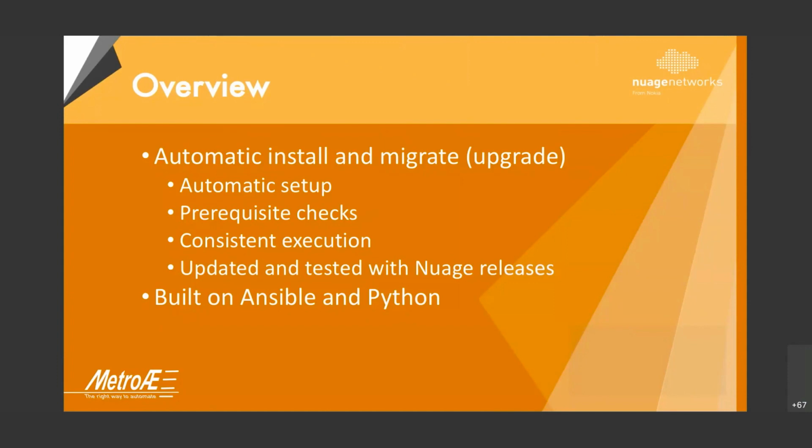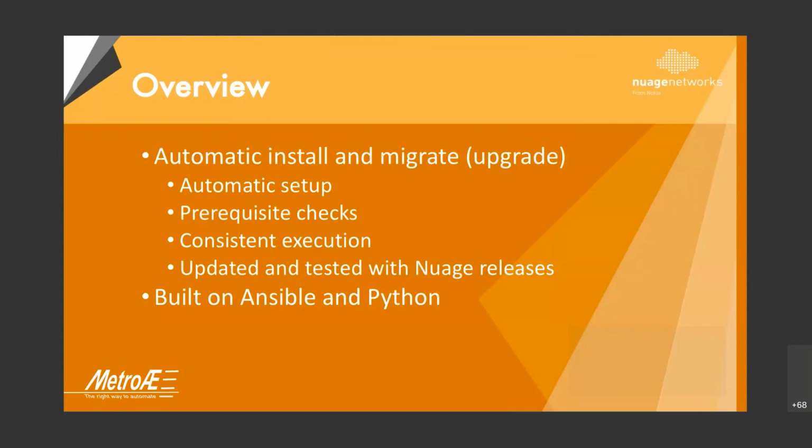By using Ansible and Python under the covers, we provide you with a consistent execution environment, and that means it's going to behave the same way every time that you run it. And one of the side benefits to that is, if something didn't work because it wasn't configured correctly, you can tear it down and just redo it. I like the fact that we have a redo or a do-over type of an environment.